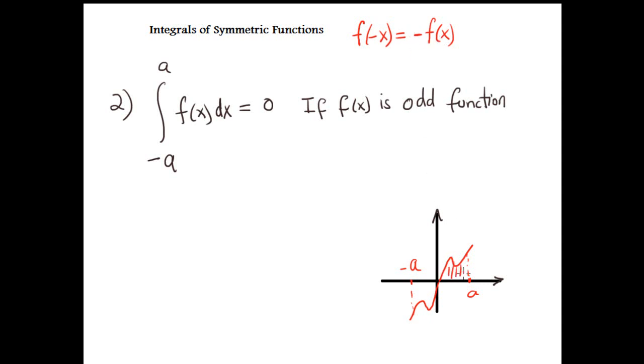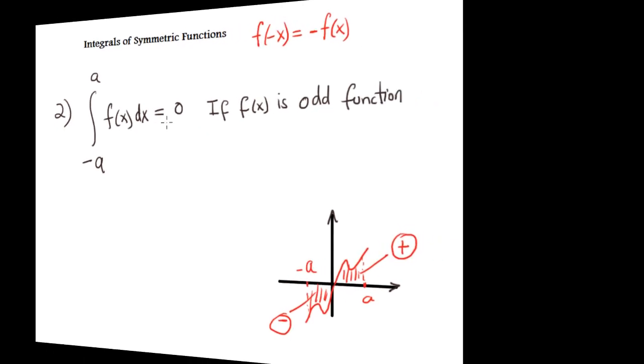Therefore, this area and this area are the same. But this is positive area, and this is negative. And positive and negative, the answer is 0. This is the idea for the integral when the function is an odd function, and the limits are the same value with the opposite sign, a and negative a.